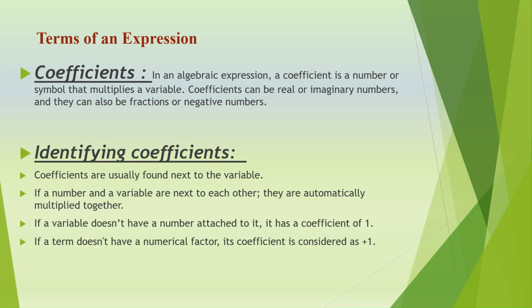If a variable doesn't have a number attached to it, it has a coefficient of 1. For example, if an expression has y plus 5x, y doesn't have any coefficient. So if the variable has no number, the coefficient is 1. If the term doesn't have a numerical factor, its coefficient is considered as positive 1.